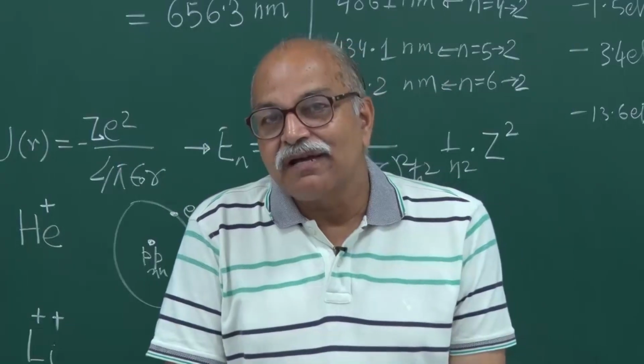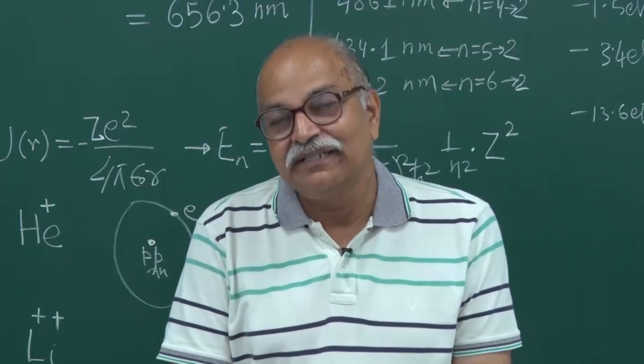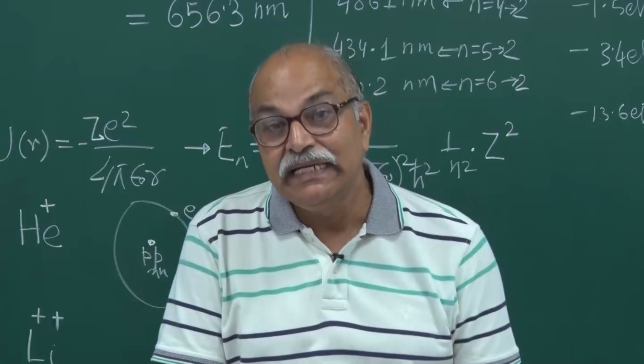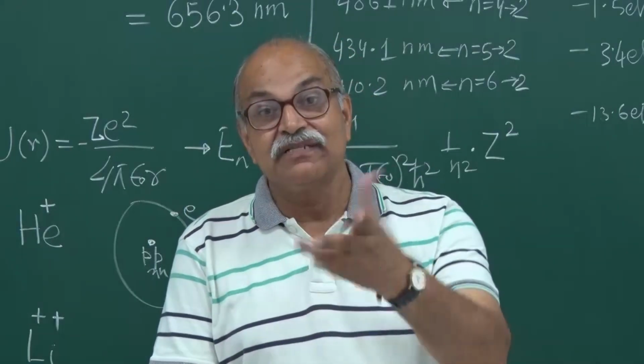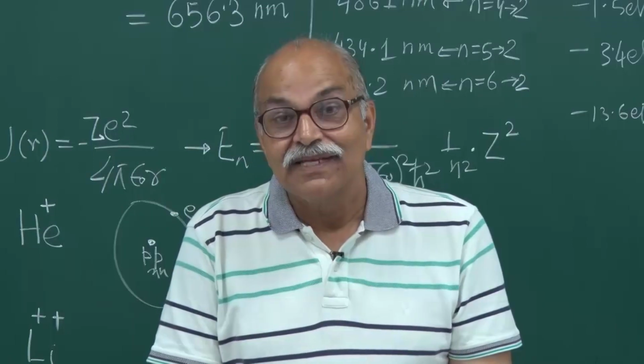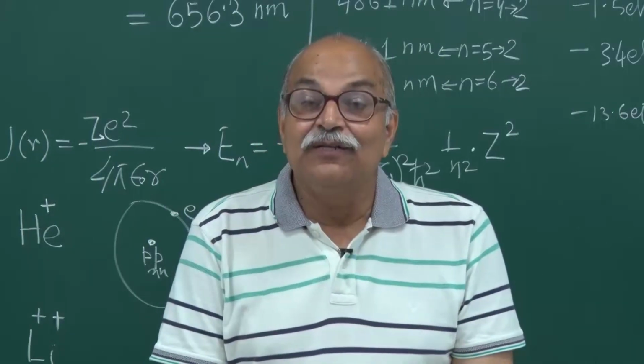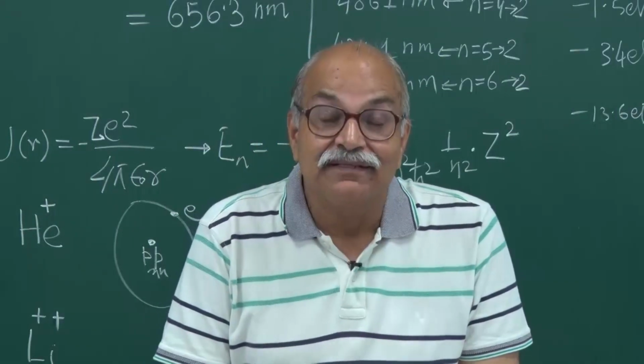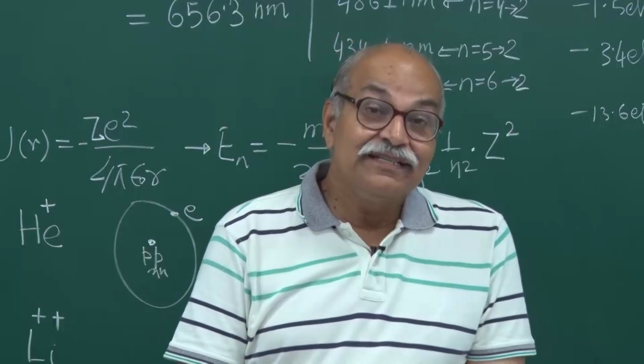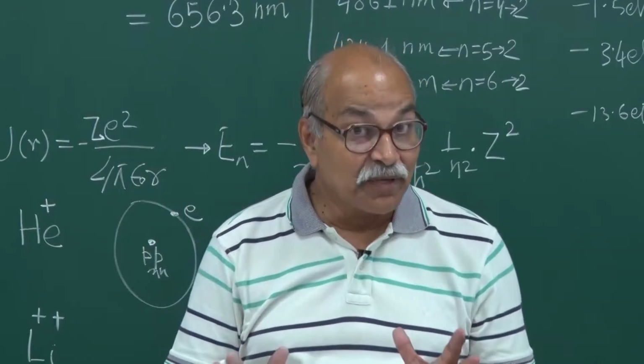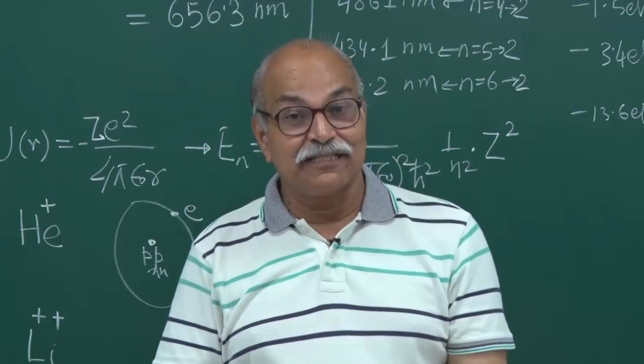The spectral lines, the radiation emitted by helium atoms in a helium discharge tube, those wavelengths are not obtained nicely using these circular orbits. So there are problems even for the hydrogen atom.